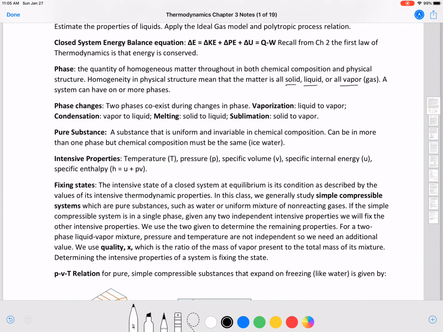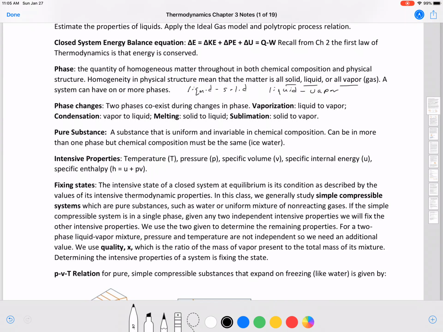We could have a glass of ice water. That would be liquid and solid. And we can have liquid and vapor. That's our two-phase liquid-vapor, another two-phase that we can have. Anyway, that's what we mean by phase.